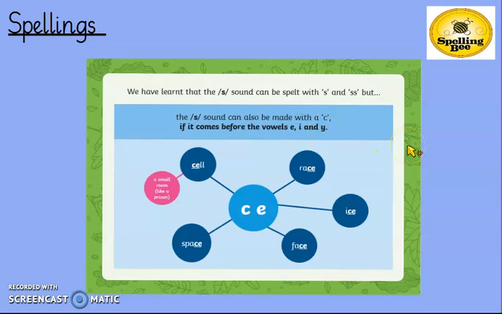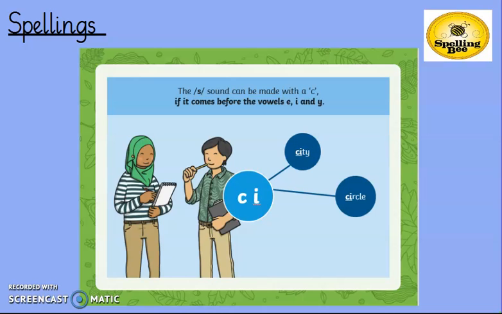Now most of you that are in Miss Hemingway's phonics group will have learnt all about this spelling rule, so hopefully you'll know a bit more about it. For example, if it's E, you'll have the C make the S sound, and it would make words like cell, race, ice, face and space. Now there are other alternative spellings too.